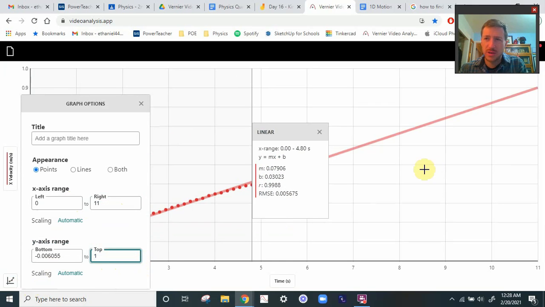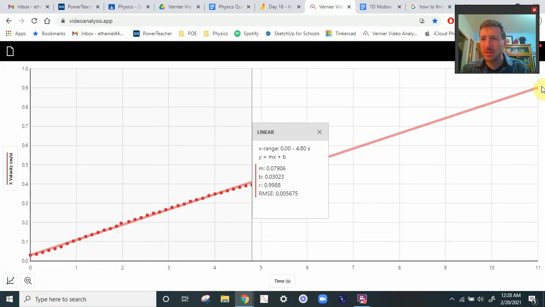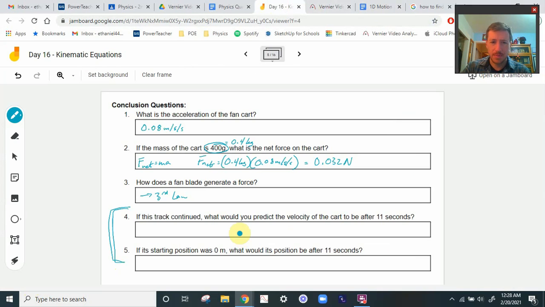And I'll change my x-axis range so I can see that there. And so I see that after 11 seconds, if I follow this over, it's at right about 0.9 meters per second, right? So I would plug into here, I would say it would be about 0.9 meters per second is what I'd predict, right? Just based off of looking at my graph and my line of best fit.